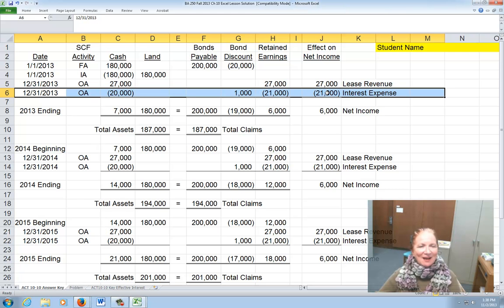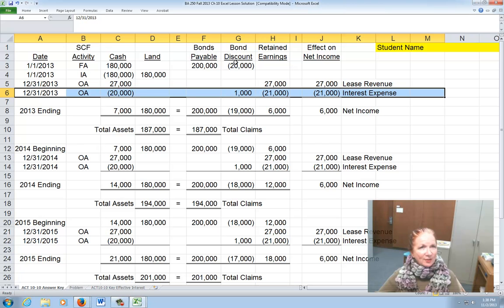So we have the effect on net income is a reduction of net income because of interest expense. That means retained earnings is going to go down by that interest expense, and the discount is going to be amortized by that amount of money. Remember, the discount in this is always a contra. It carries a debit balance.